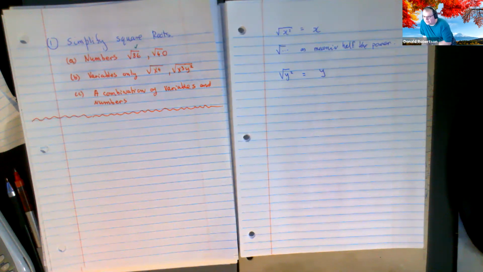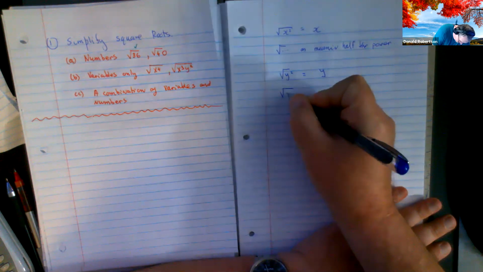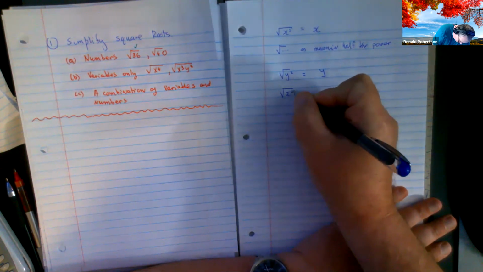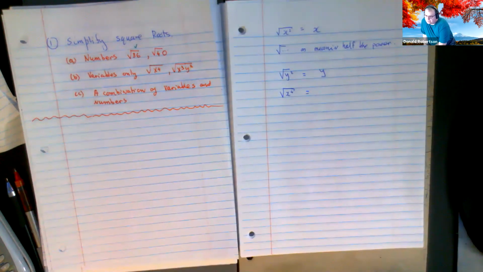I agree if you don't need to stick absolutes around things. I wish they just decided to make that rule true in all the other questions we did last week, but that's not the case. So what would happen if I wanted to simplify the square root of x to the 4? Well, you half the power.